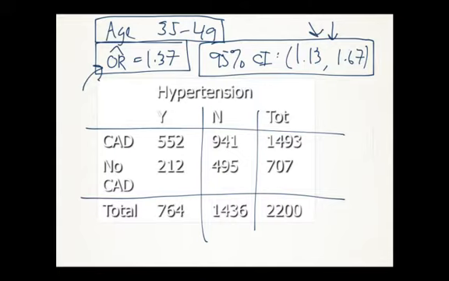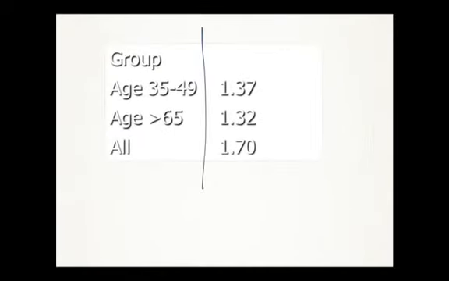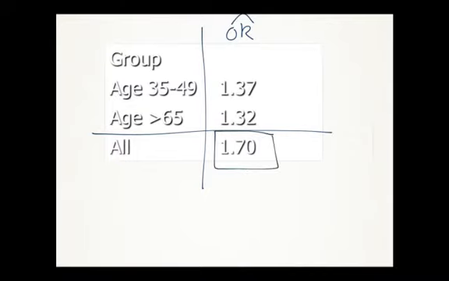Hopefully if you're following along, you might be a little bit confused, because if I display the results, overall the odds ratio was 1.7. That was when we combined all the data that we had. Then we separated it into those 35 to 49, and it was 1.37, and among those greater than 65, it was 1.32.